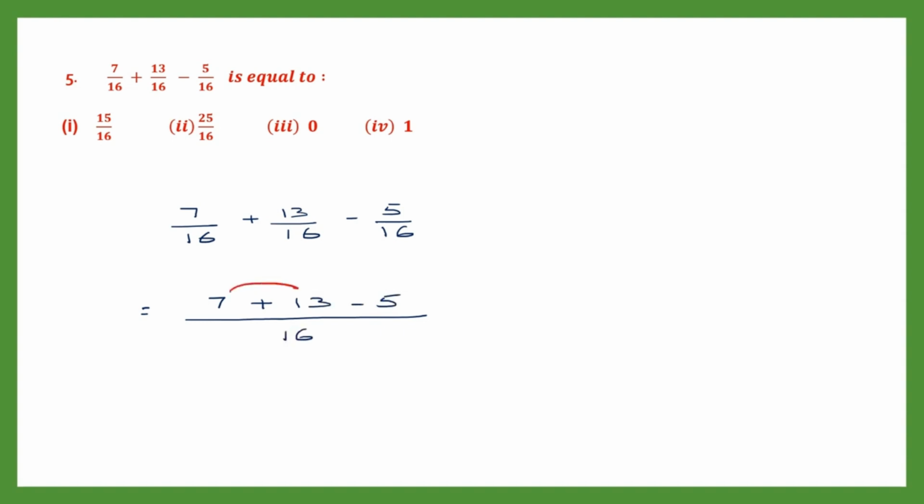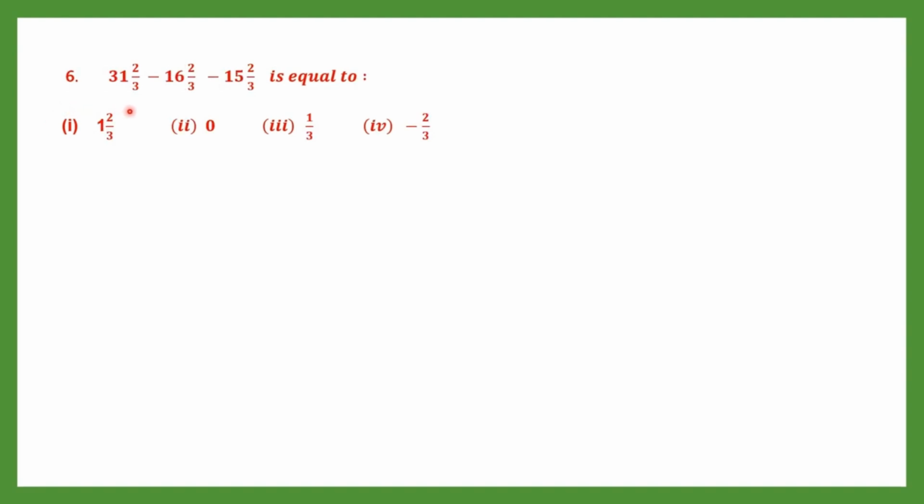Now let's add up. 7 plus 13 is 20. So 20 minus 5 is 15. And the denominator is 16. So our answer here is 15 by 16, and that is option 1.